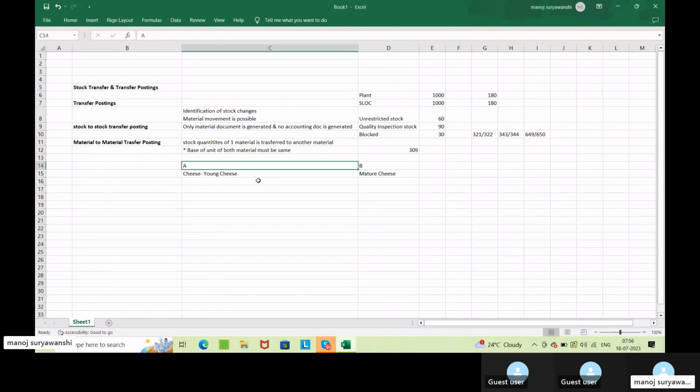So point A is where your ink cheese is manufactured and point B on the production line where your mature cheese is manufactured. So what happens?